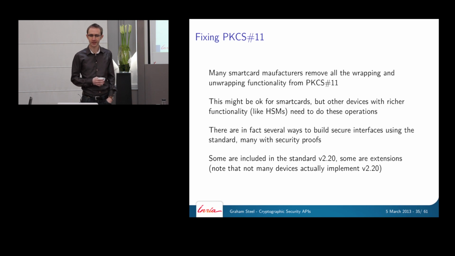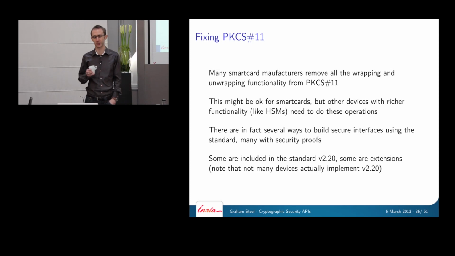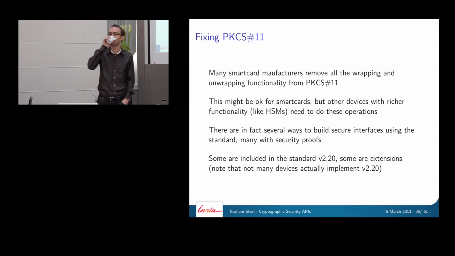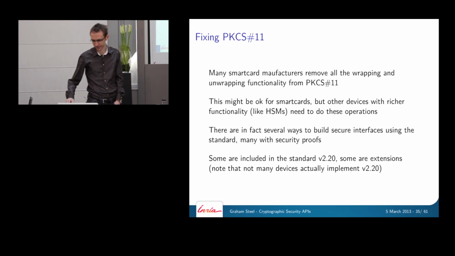The other problem is that if you go out to buy yourself a PKCS 11 device after this lecture, you'll find that there are very few of them around that support version 2.2, even though it's almost 10 years since that became the latest version. The lead time on these devices is very long, and if you're only looking at smart cards with very limited functionality, then perhaps it doesn't matter so much.